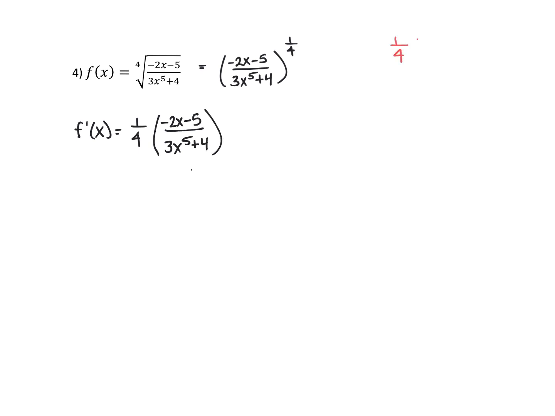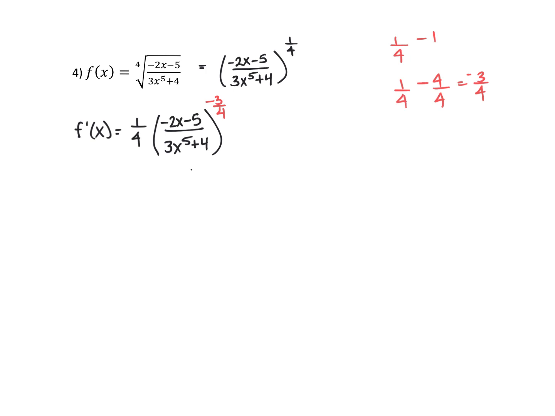So 1/4 minus 1, we can make 1 into 4/4. So 1/4 minus 4/4 is -3/4, right? So the power rule or chain rule says we're going to take this exponent, bring it in front, keep the stuff in the parentheses, decrease the power by 1.